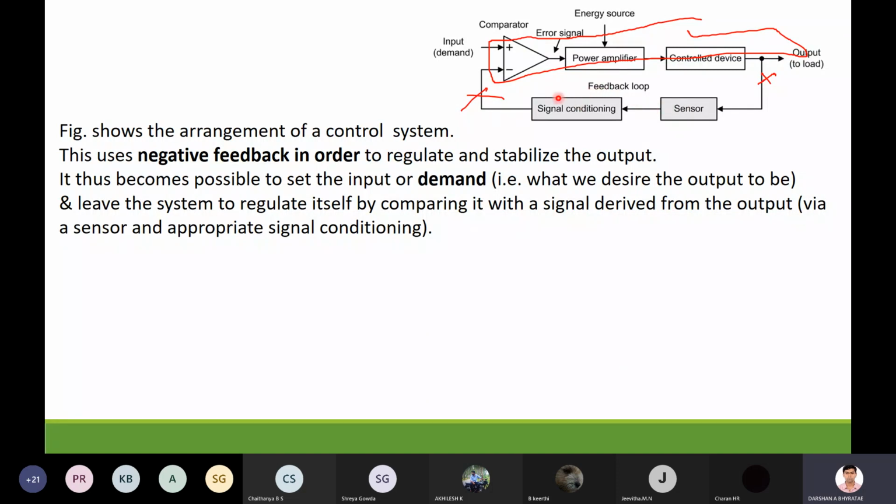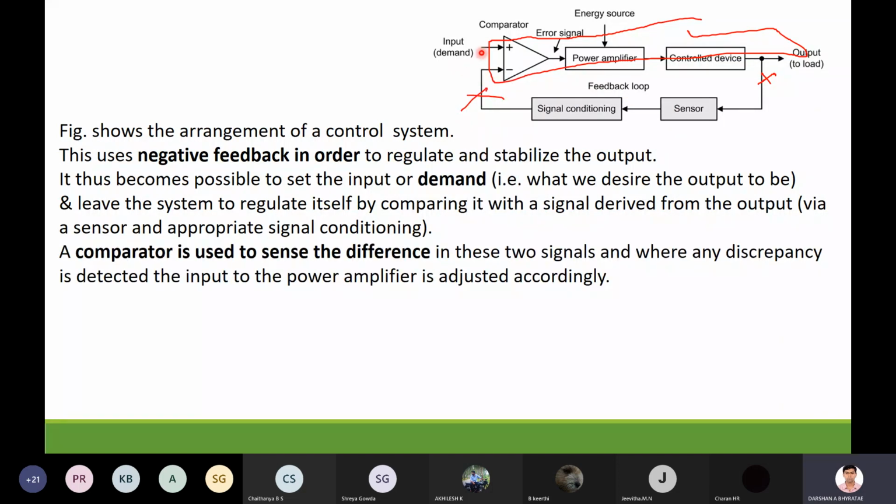And here, whenever the input is applied, it is going to be compared with the feedback signal. The input signal we also call the demand signal here. Whenever the input and the output of my feedback circuit are different, it is going to generate the error signal.